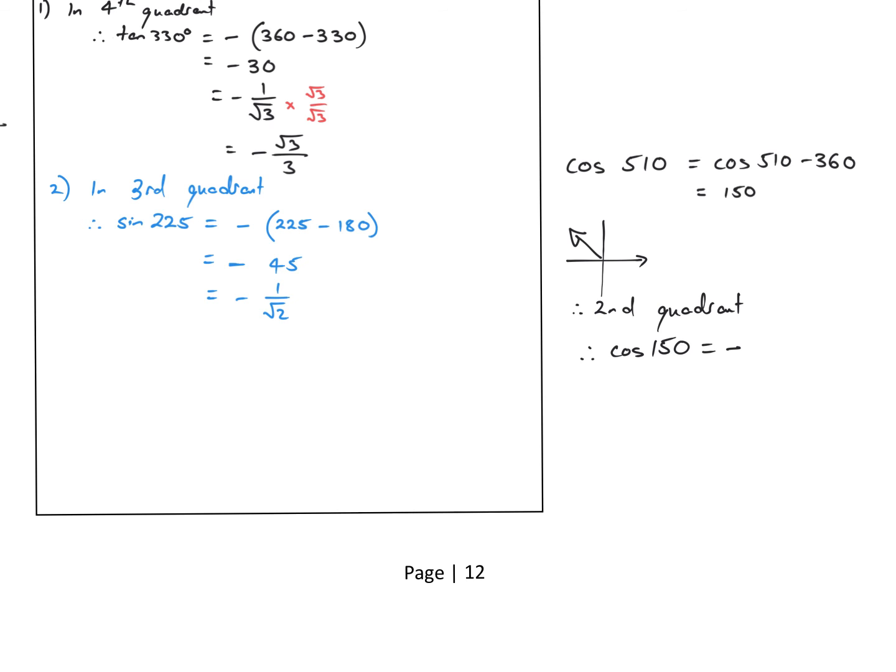Negative, because it's cos in the second quadrant, so it's negative cos of 180 minus 150, so it's negative cos 30. Then we go to our triangle, the 30, 60, 90: 1, 2, root 3. So cos 30 is root 3 over 2.